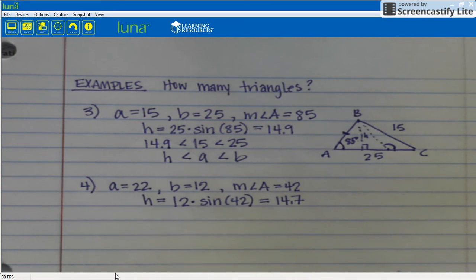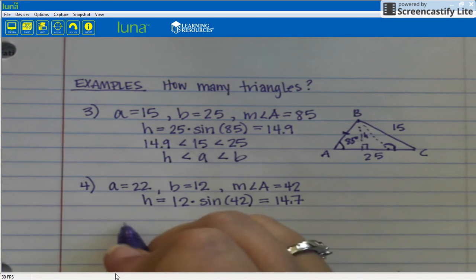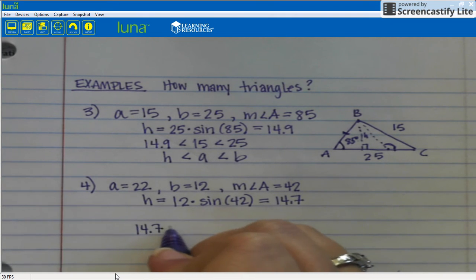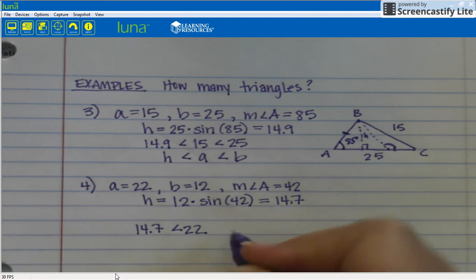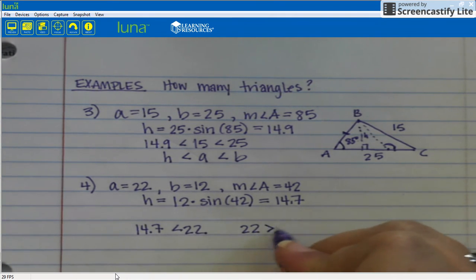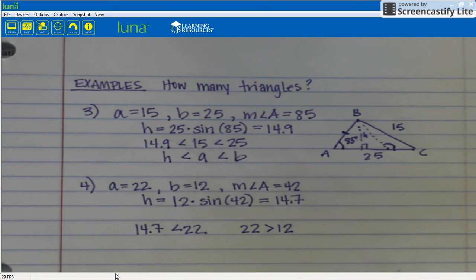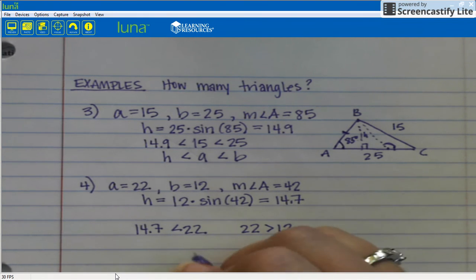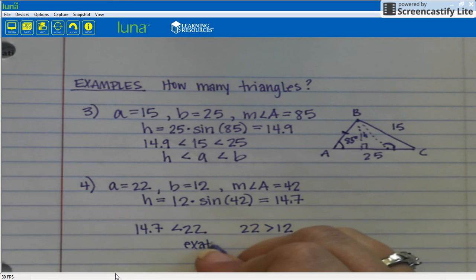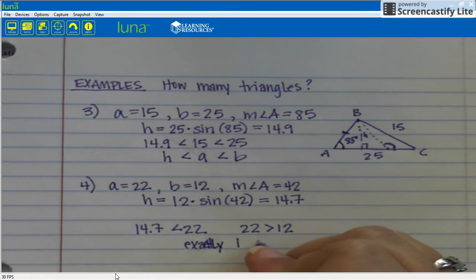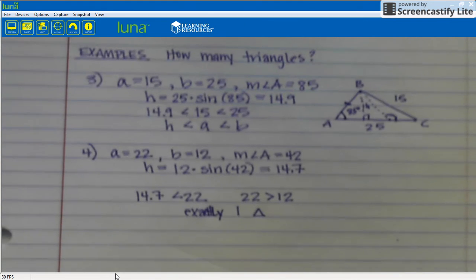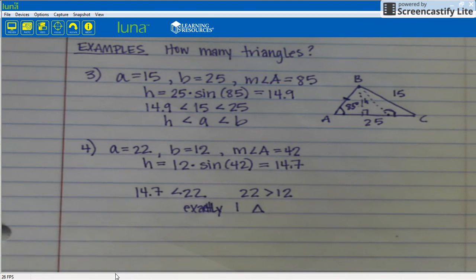So at this point, I have 14.7 is less than 22, but 22 is greater than 12. So I have A is greater than B, and my angle is acute. So since it's acute and my A is greater than B, then that means I have exactly one triangle. There's only one way to draw this triangle and it still fulfill all of these requirements.